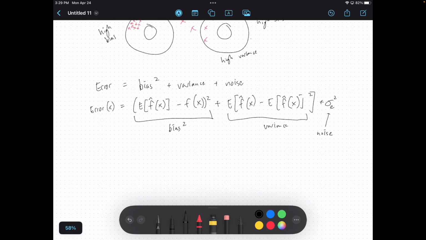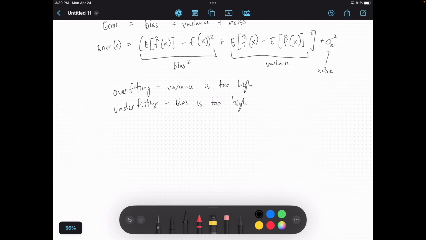And the key thing to note here is when we have overfitting, variance is too high. And if we have underfitting, the bias is too high. And generally what this translates to is this idea where I have model complexity down here.